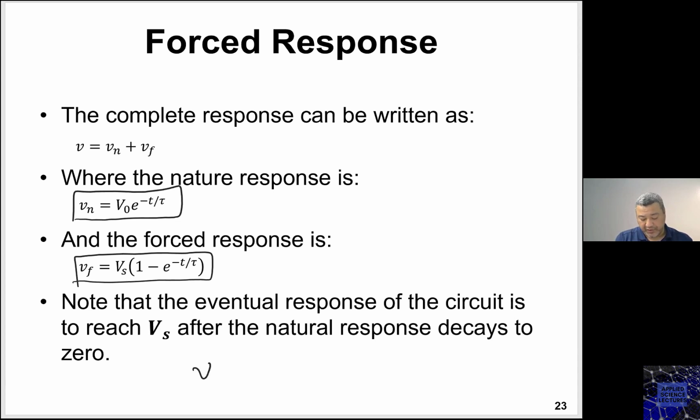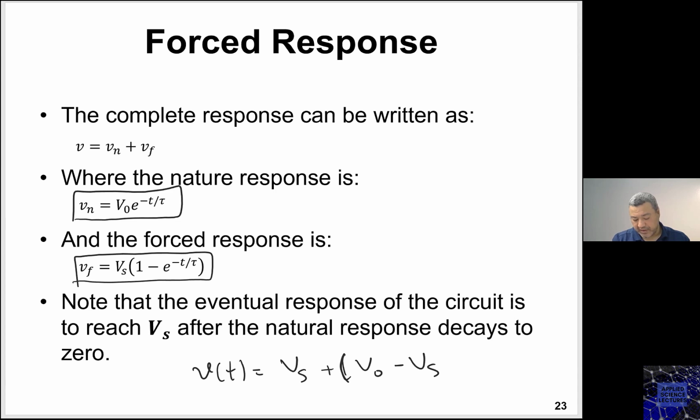So I need to find Vs, which is the value across the capacitor at the second steady state, plus the initial value.